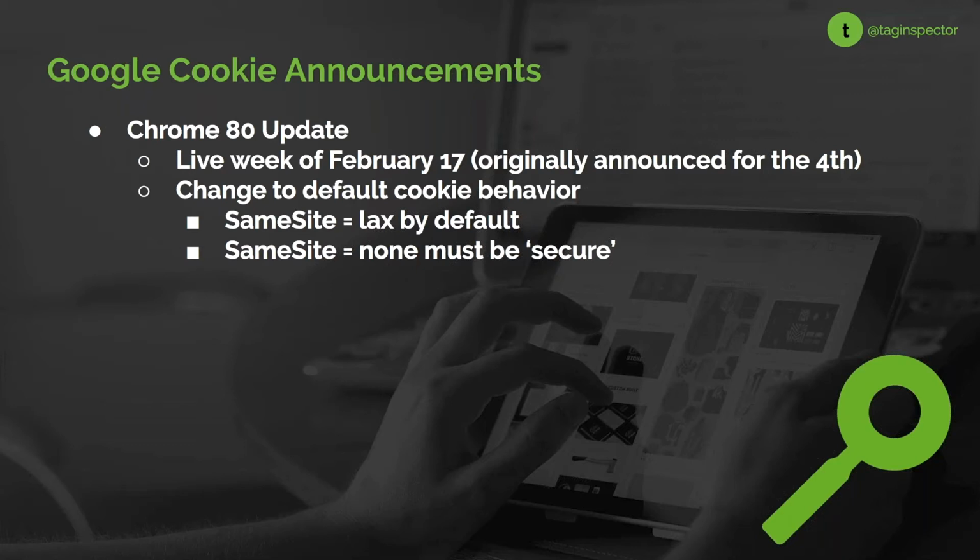So what this means in the update here is that if you, or any of your vendors, are setting a third-party cookie that needs to be accessed when a user is on your particular domain or across other domains, so the domain of the cookie does not match the domain of the actual website, it's in that context that same site equals none needs to be defined when the cookie is being set, so that those attributes are present, saying that, hey, it's okay to access this particular cookie with this particular domain.